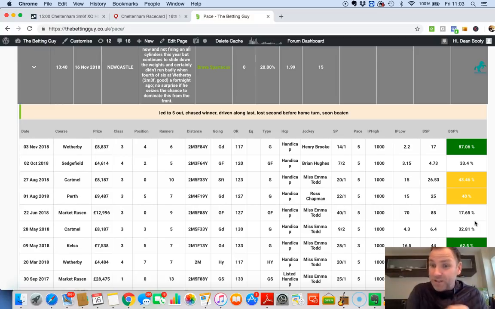Most horses do go down in price at some point in the race. However, you just have to be really careful not to back these blindly. It doesn't tell the whole story. You need to do a little bit more research, and just because a horse leads, it doesn't mean you're going to be making a guaranteed profit.